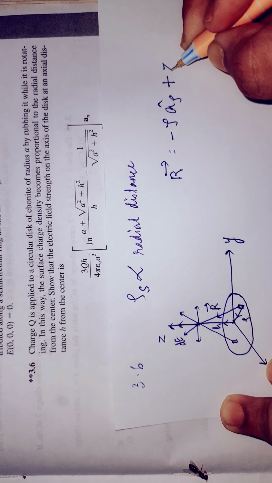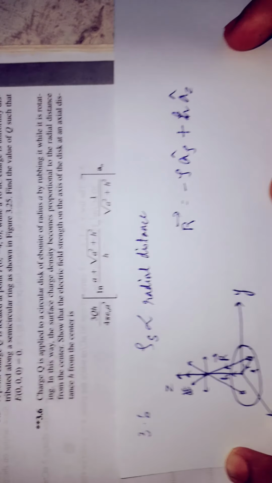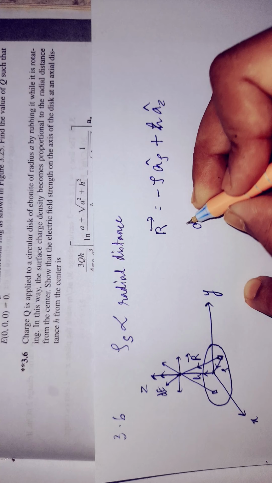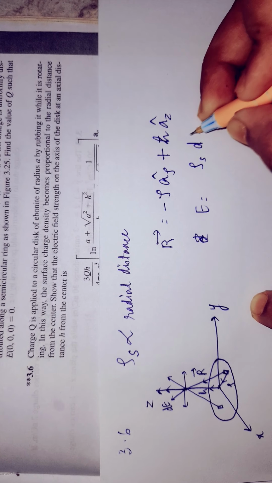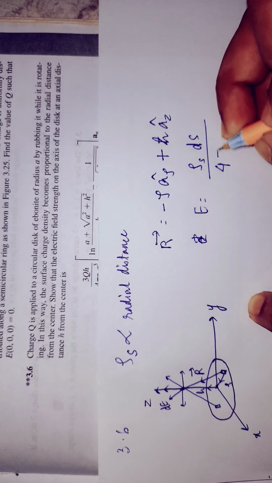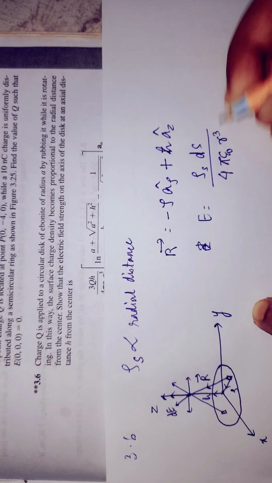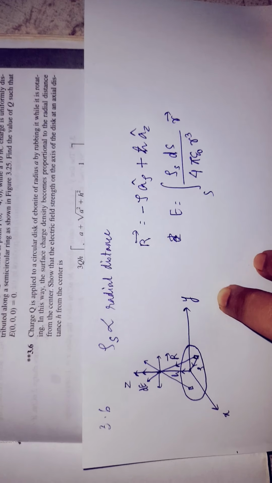And you know how to find the electric field, right? When surface charge density is given, you find it like this, divided by r cube, in the r direction.